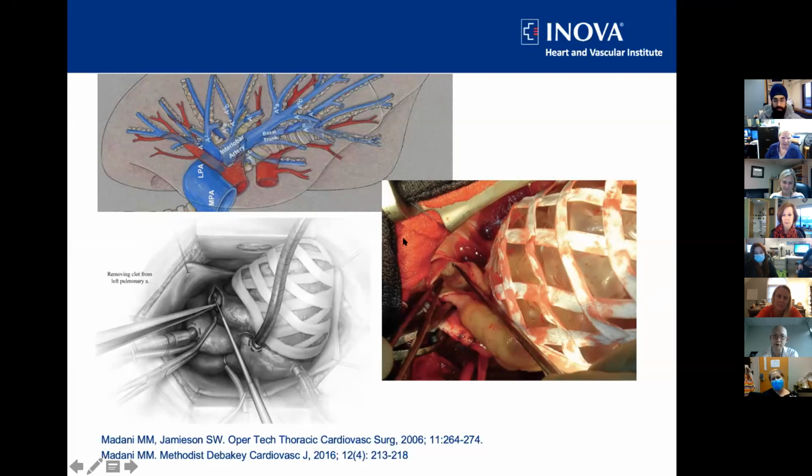Here the view is even a little more challenging. Here's the takeoff of the left upper lobe artery, and looking down here you'll find the lingular and lower lobe branches. If you just look directly, you won't be able to see them. But the way this operation works is once you start that plane and pull up on this material, it's like the magician pulling handkerchiefs out of a bag.